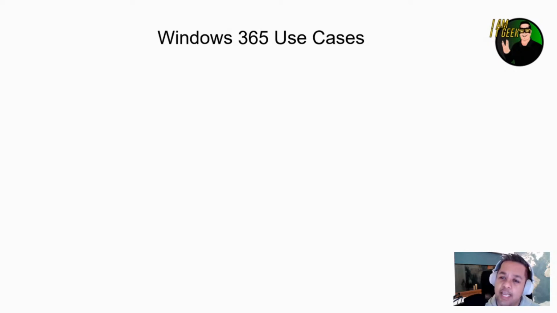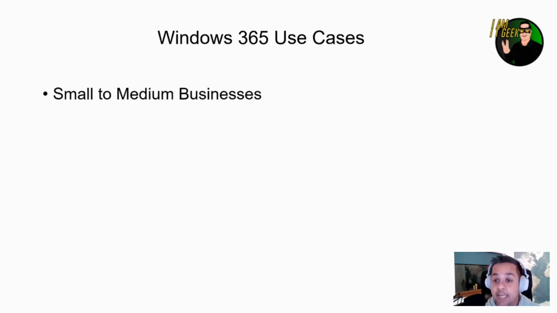So what use cases fit Windows 365 and Azure Virtual Desktop, rather than throwing everybody in that pool. The clients I'm talking to about Windows 365 are mainly small to medium businesses. When I've had those conversations with enterprise clients with thousands of users, it just doesn't match their use cases, or they prefer Azure Virtual Desktop and its capabilities, which I'll go into in my next slide.